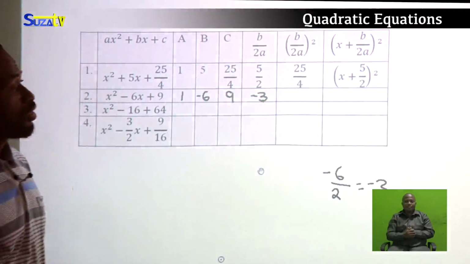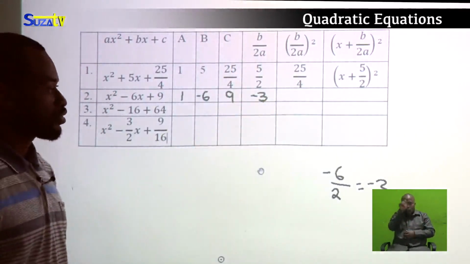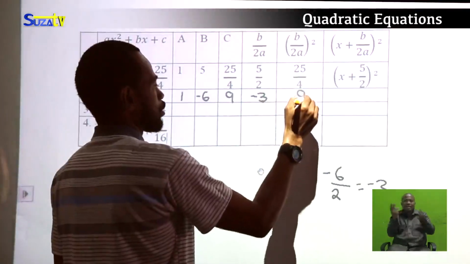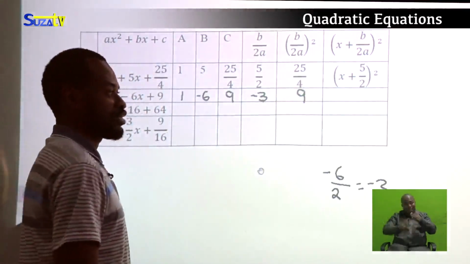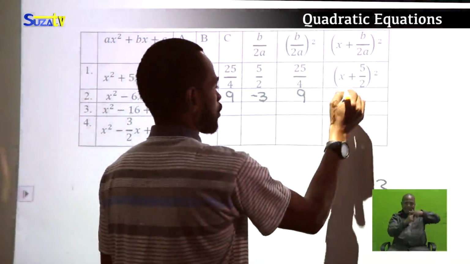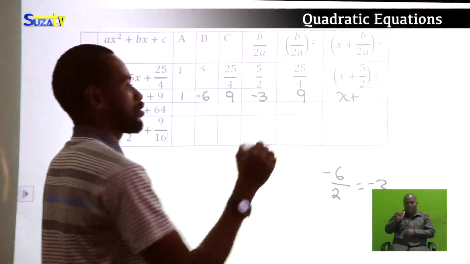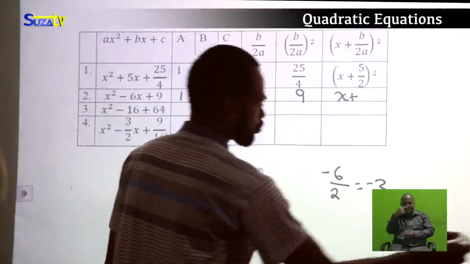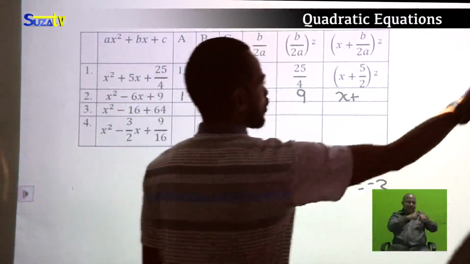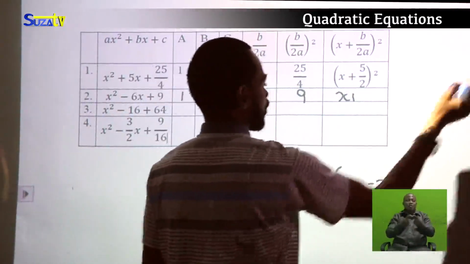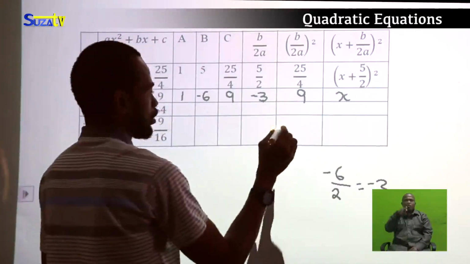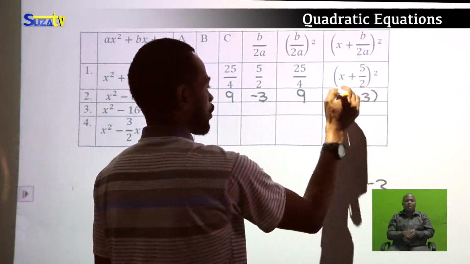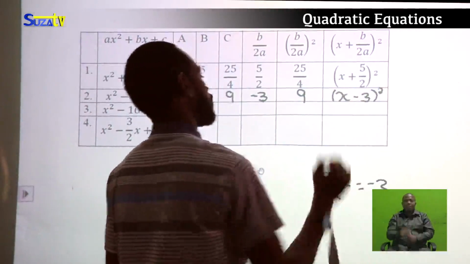Good. Now it is the square of this one, so negative 3 square, which is 9. And finally, we have the expression x plus b over 2a, which is negative 3. So plus minus, that is minus. So it is x minus 3 whole thing square. Good.